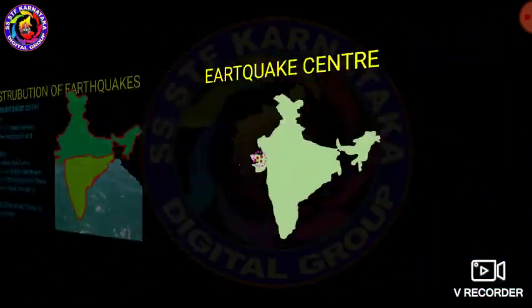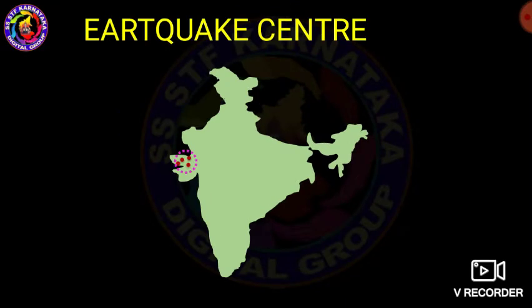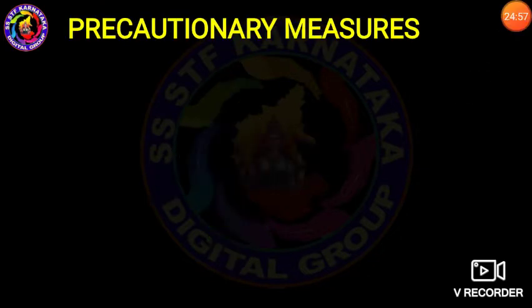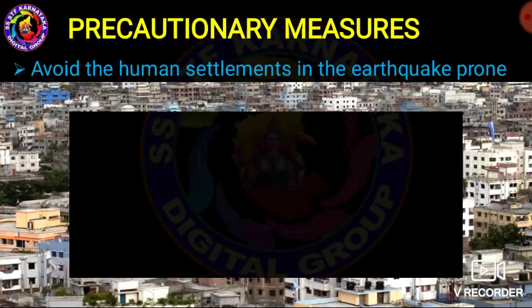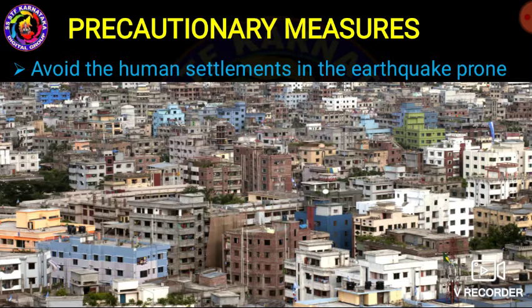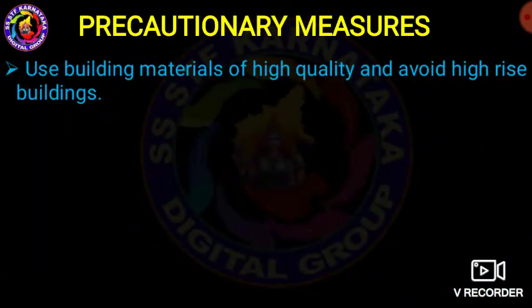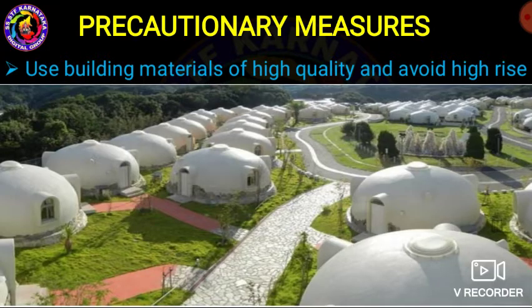Then what are the precautions of earthquakes? What are the precautionary measures? My dear students, first one is avoid the human settlements in the earthquake prone zones.